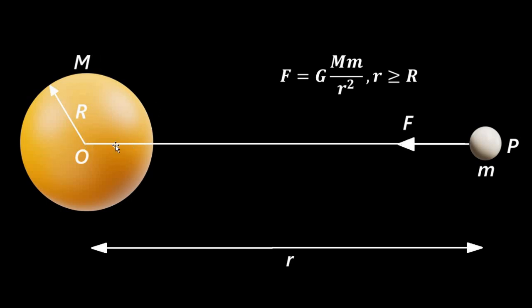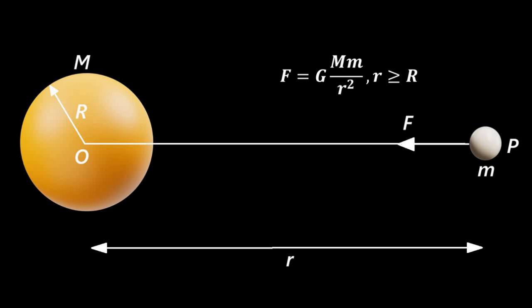The value of the gravitational force is the same expression, F is equal to G times the product of the two masses, capital M and small m, by r square, inversely proportional to the square of the separation distance. And same here, if the separation distance is greater than or equal to the radius of the solid sphere, that is, the point mass is present just on the surface of the sphere, this formula is applicable.